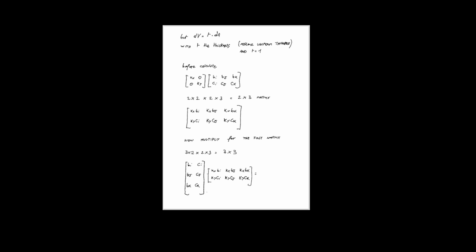First we calculate kx and ky multiplied by this matrix. The result must be a 2 by 3 matrix, and this is the result. Now multiply the first matrix by the matrix we have obtained, and this is the product. The result must be a 3 by 3 matrix.